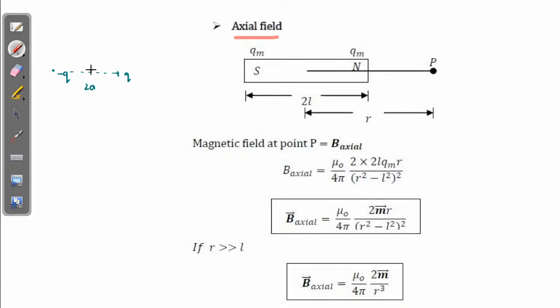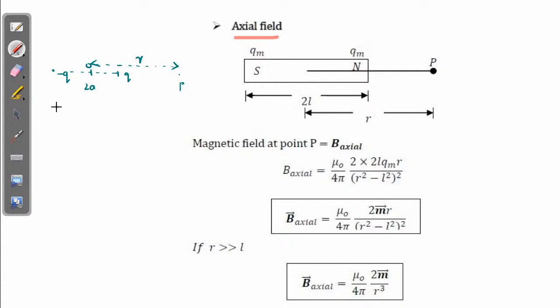The distance between the center point O and the point P where you want to find the electric field was marked as R. Similar representation you can see here. The only difference is that minus Q is replaced by the south pole, plus Q is replaced by the north pole, and the 2A distance is replaced by 2L. The distance from the center of the dipole to the point P is marked as R. That representation is the same here.